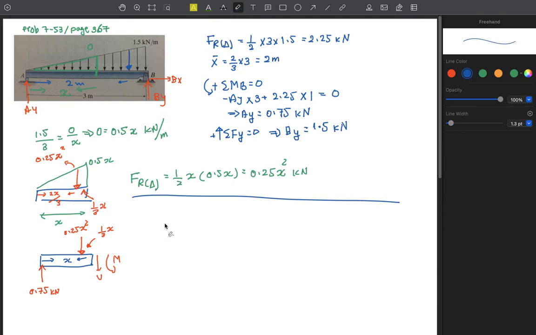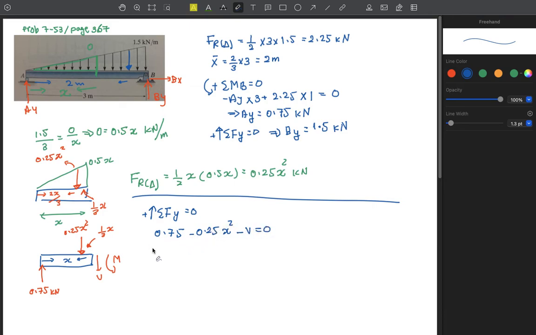Now, we write down our equations. Summation of forces in the y and moment around this point is 0. So we start, this direction is positive, summation of forces in the y direction is 0. So we have 0.75, right? 0.75 going upwards, minus this value, minus 0.25 for the point loading, x squared, minus v is 0.